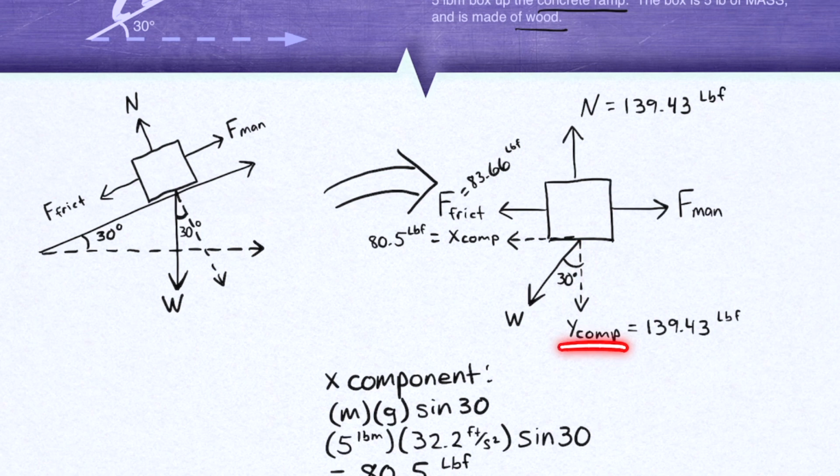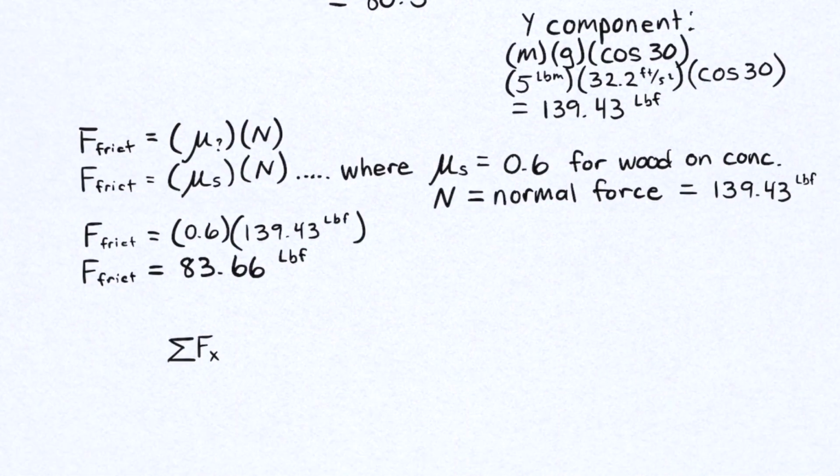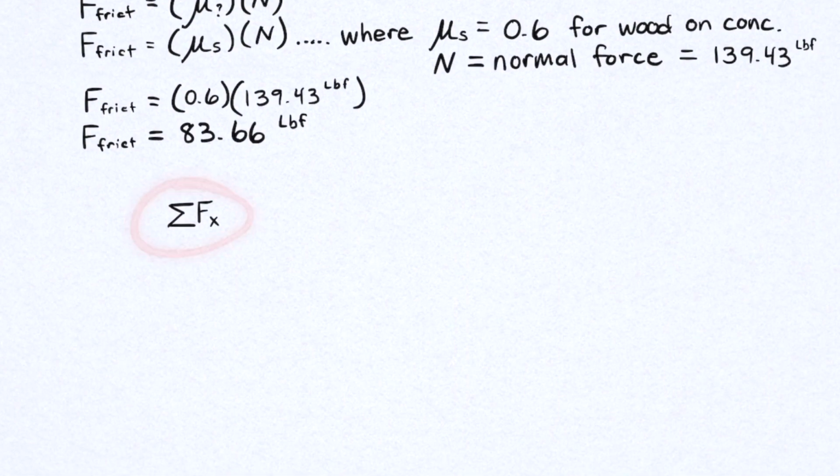So we use this information to help us solve things, but when it comes to solving for F man, all we have to do is find the sum of the forces in the x direction because we want to solve for this force right here. The up and downs don't really make a difference. So that's why here we're just going to find the summation of the forces in the x direction.